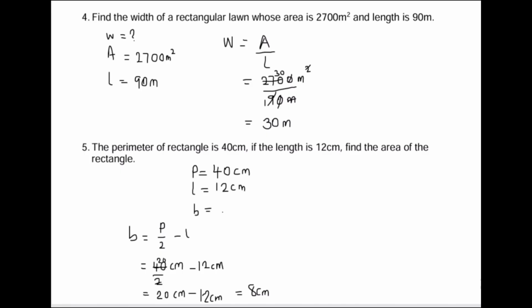I already have the length 12 centimeters. So I'm going to write breadth since I've gotten my breadth. So I'm going to write 8 centimeter there. So to find the area equals length times breadth. So that would be 12 centimeters times 8 centimeters.